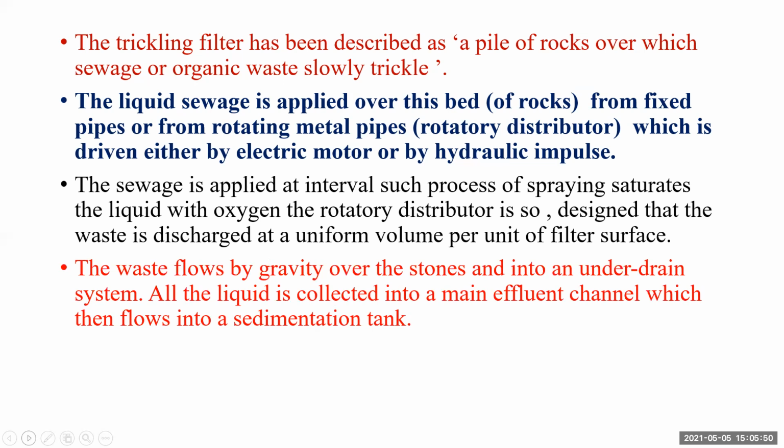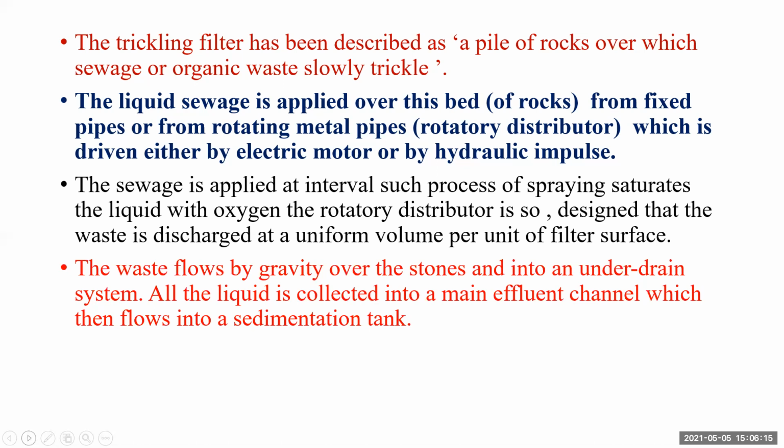Okay, so what we do is through the inlet, the settled sewage from the primary treatment plant goes to the distribution pipe. From the distribution pipe, the liquid waste is sprayed over the bed of rocks. The liquid slowly trickles through the bed of rocks, right? And in that bed of rocks, all the treatment of waste is done by the microorganisms.